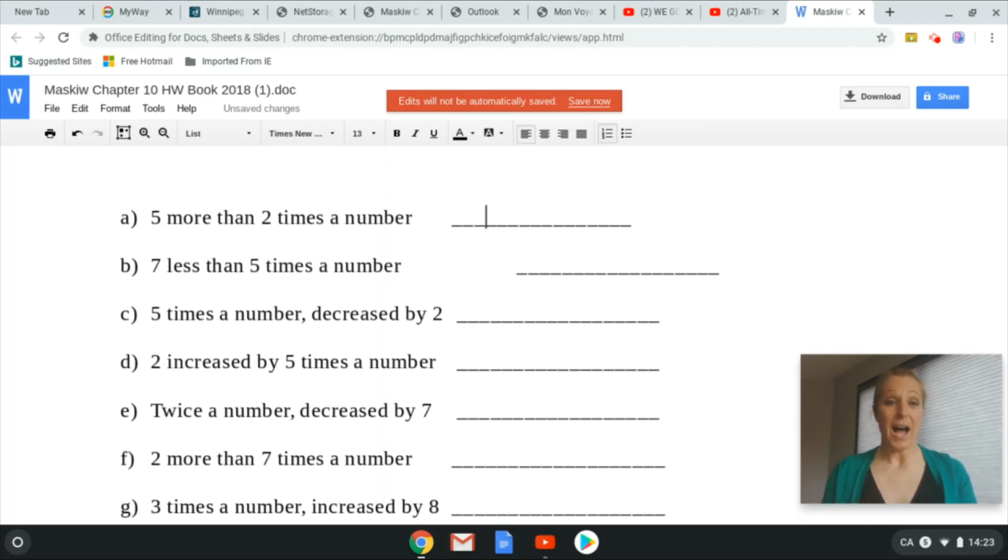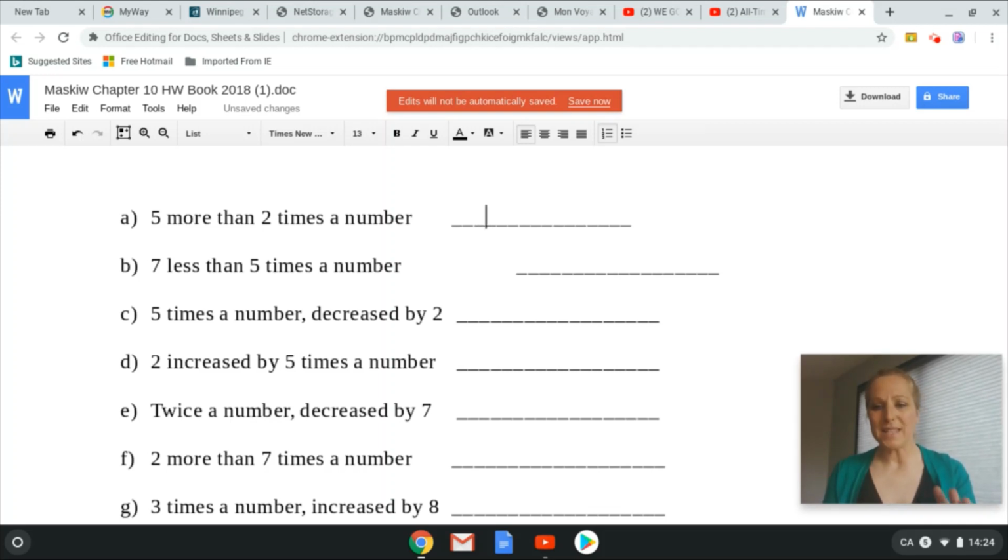So it says 5 more than 2 times a number. 5 more than 2 times a number. So we need to look at the pieces of information that we have. Well, 5 more is going to mean that I'm going to add 5 to something. So I'm going to hang on to that for now. Well, it says 2 times a number.